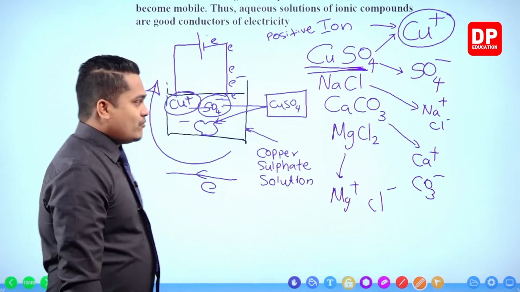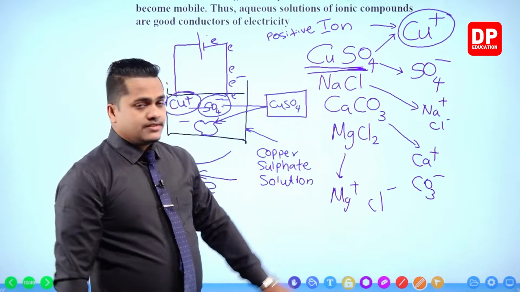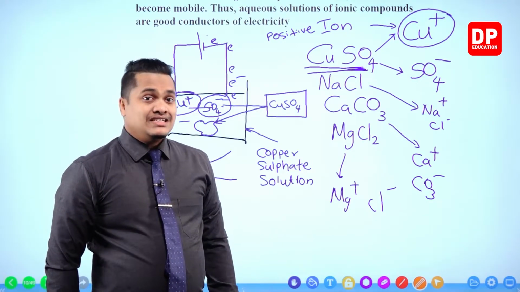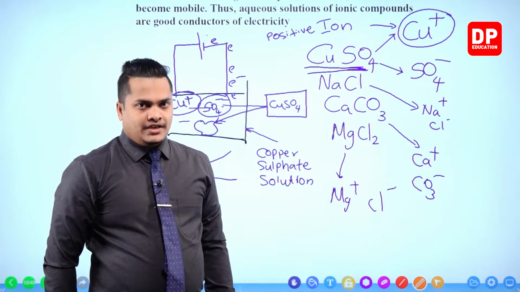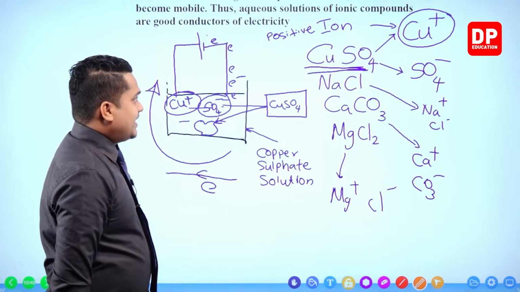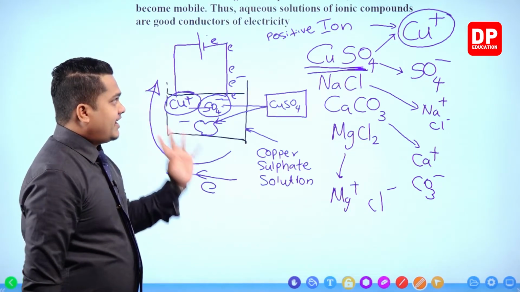In order to have mobile ions, my dear children, these kinds of substances, ionic compounds, should be there, but in a liquid state. In the liquid state, their ions get separated as positive and negative.